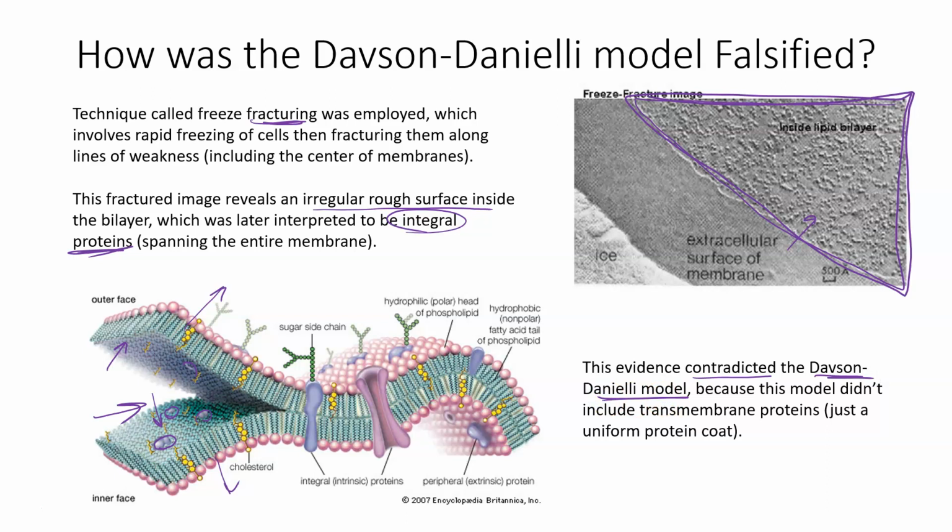That was mostly because the model didn't include any transmembrane proteins through the middle of the membrane. It just talked about that uniform protein sandwich or protein coat on the outside. So because we employed freeze fracturing and saw these images, we later learned that there are in fact irregularly sized proteins, and those proteins span the entire membrane.